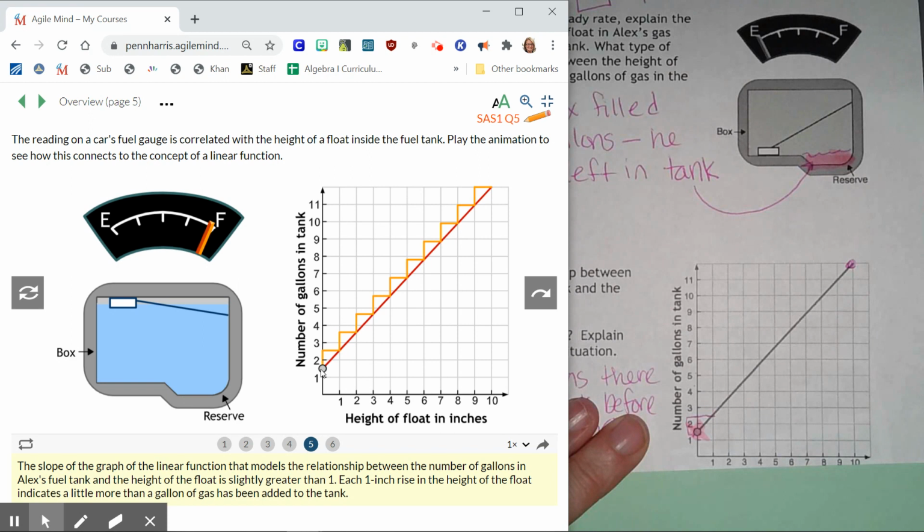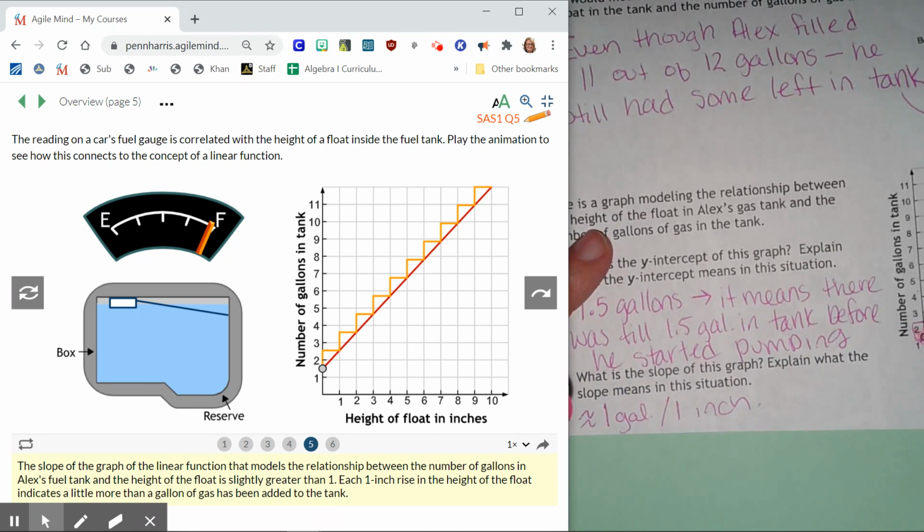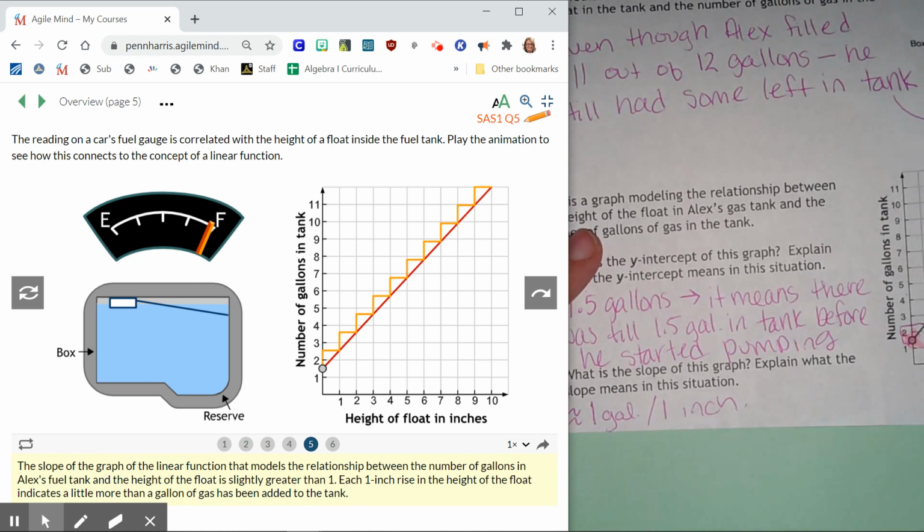Okay, so I'm going to call that about 1. Now, I do think it gets off a little bit because if you notice all the way up here, we actually end on a corner. So it's kind of hard to say, but I'm going to call it about 1 gallon per inch. Okay, almost a full gallon per inch.